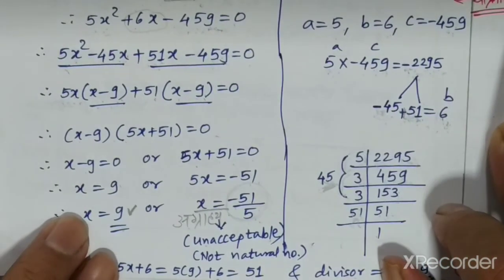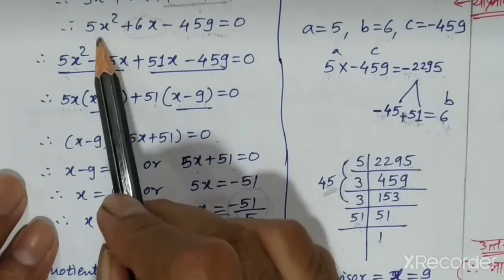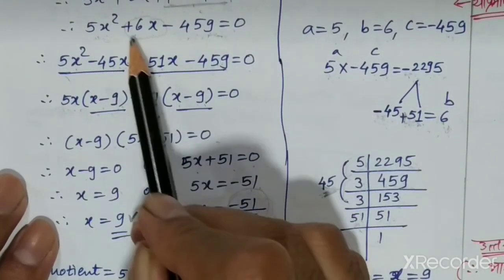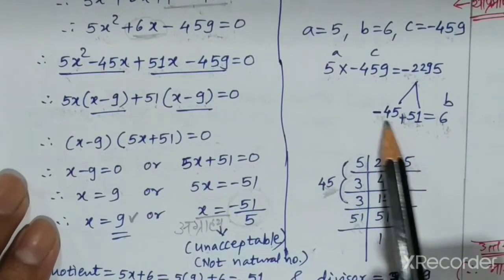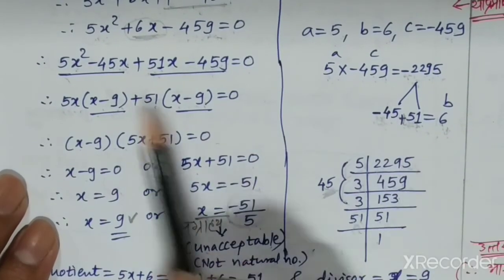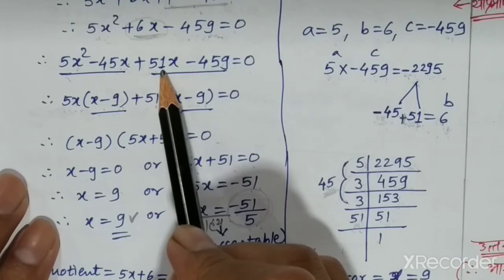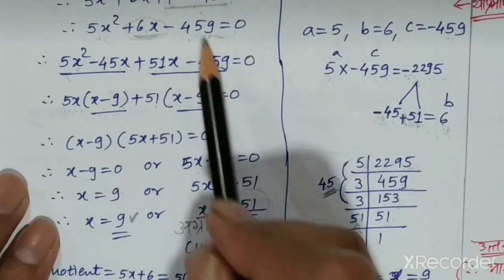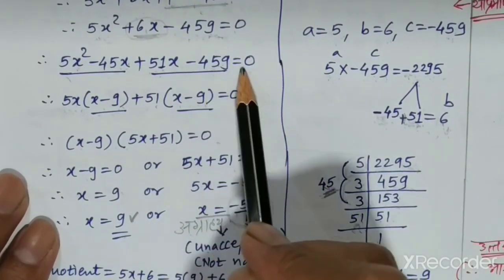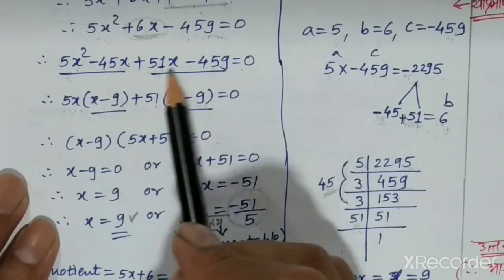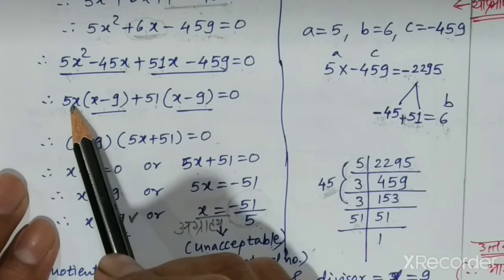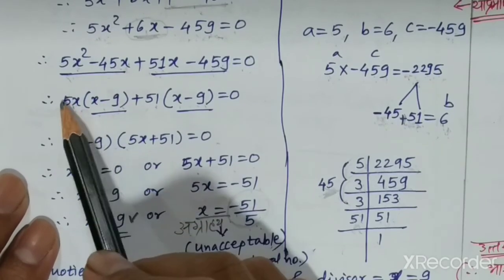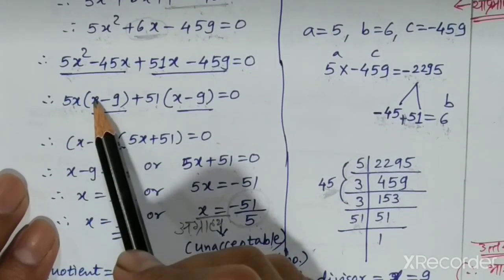Now we will solve the quadratic equation here. So this is the quadratic equation. Now 5x square as it is, instead of this middle term we will consider these two factors. So minus 45x plus 51x instead of this 6x, and minus 459 as it is is equal to 0. So take the group of 2. In the first group 5x is common, so divide each term by 5x. 5 gets cancelled, x is there.